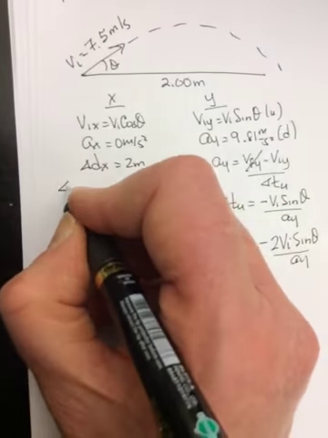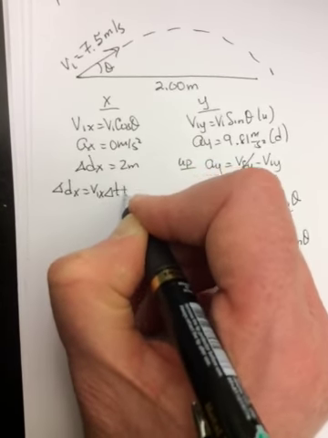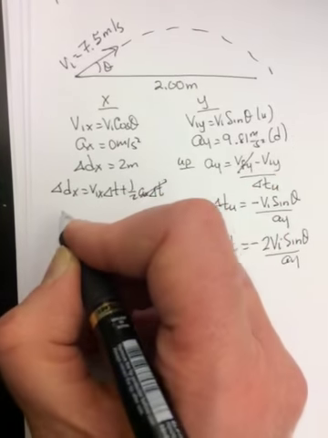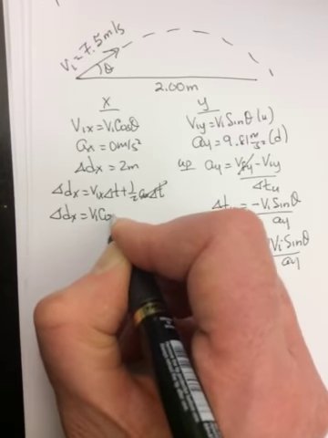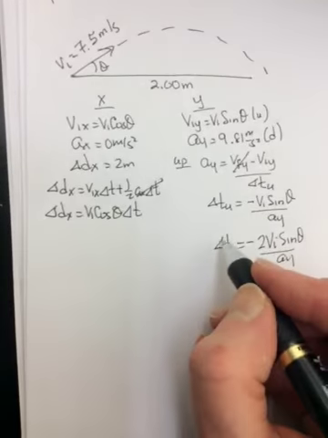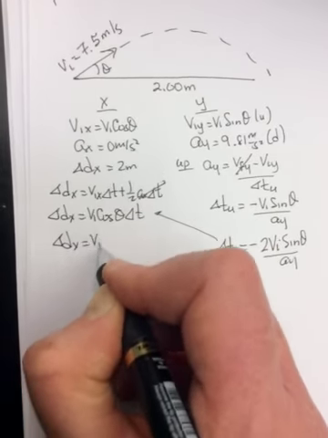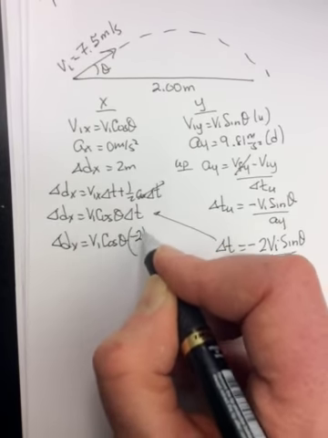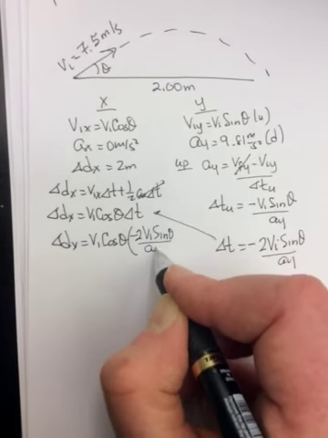So then we come over here, because we have 2 unknowns, we need 2 equations. So VIX delta t plus 1/2 AX delta t squared. This will go to 0. So we'll have delta dx is equal to VI cos theta delta t. Now we have 2 equations, 2 unknowns, sub this one in here. So delta dx is equal to VI cos theta, and then negative 2 VI sine theta over AY.